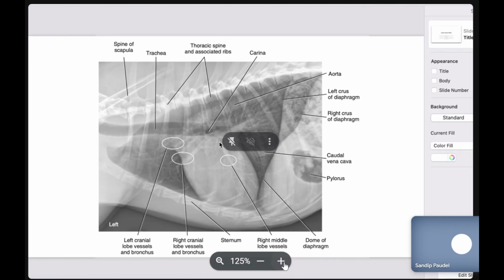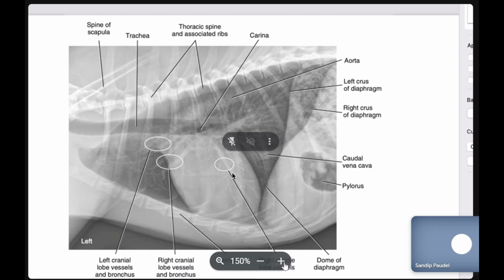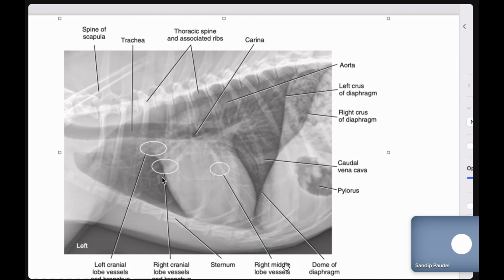Here there is a vessel and a small branch, here a small branch, and right here this is a vessel, and down here this is also a vessel, and towards the periphery you can see the branches. So these are the normal vessels supplying the lung tissue.